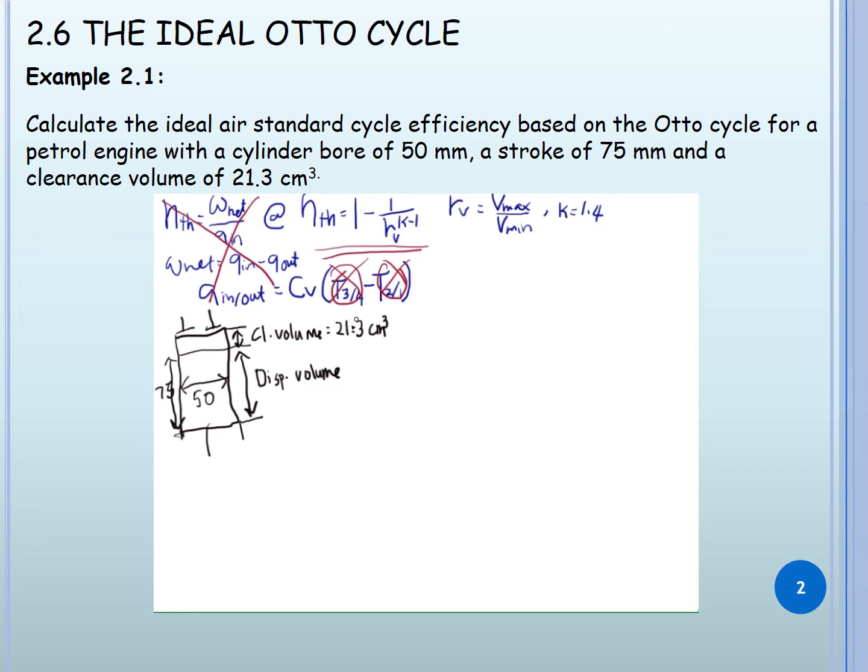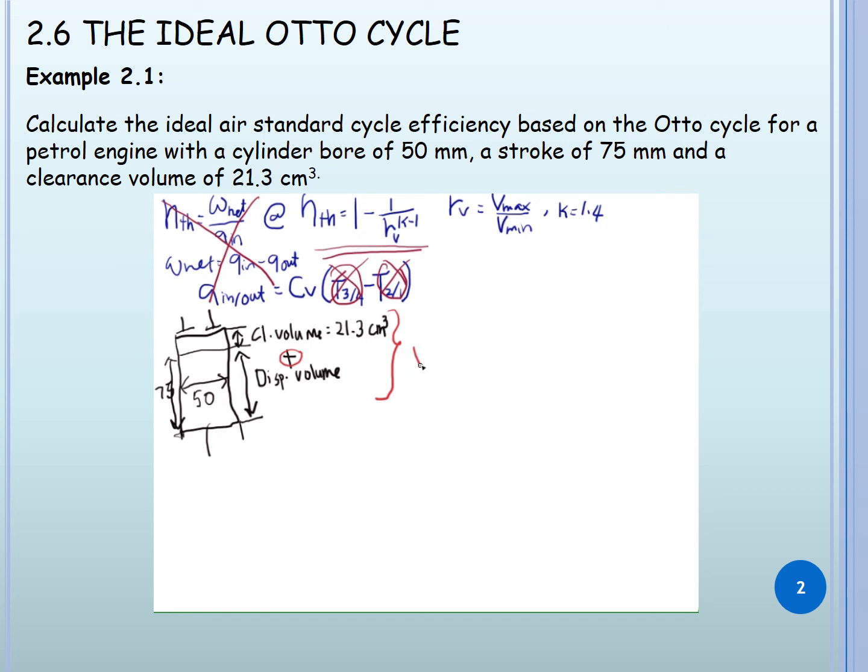Obviously, the maximum volume can be calculated if we add these two, the clearance volume and the displacement volume.